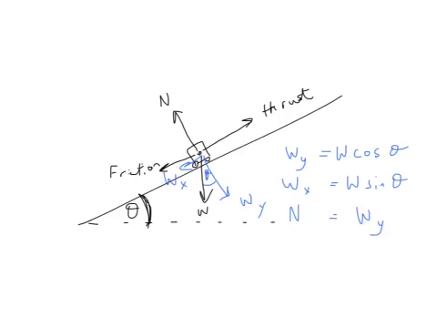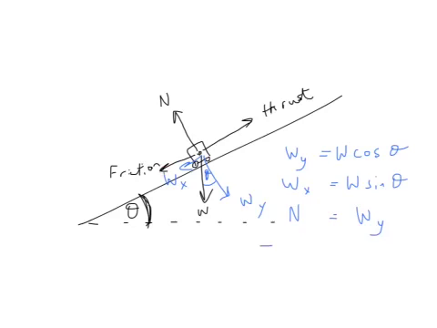If the problem were to also tell us that this car is moving with a constant velocity up the ramp, constant velocity means there's no acceleration up the ramp, which would mean that the net force up the ramp, or the net force in the tilted x direction, would thus also be 0.